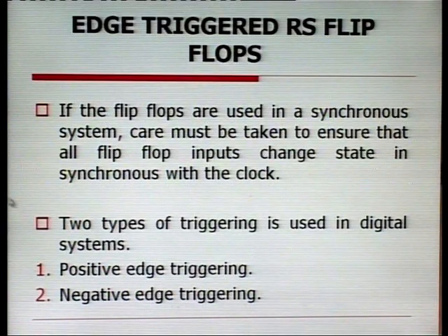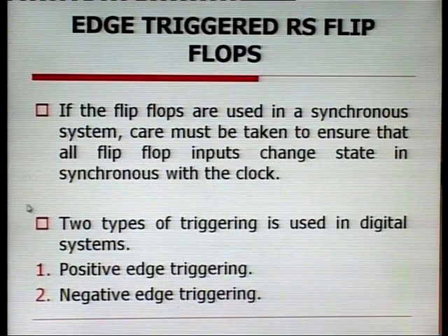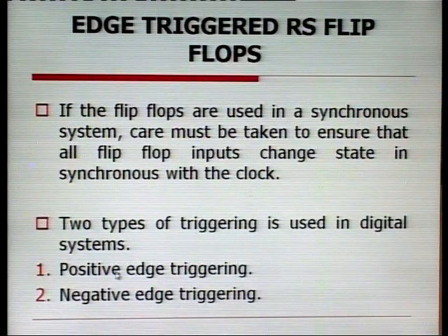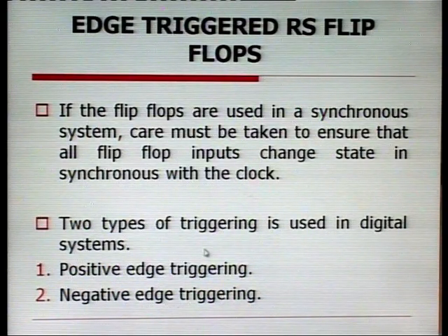A clock signal is a square wave of fixed frequency and duty cycle. In the synchronous systems, we use two types of triggering. One is positive edge triggering, the other is negative edge triggering.